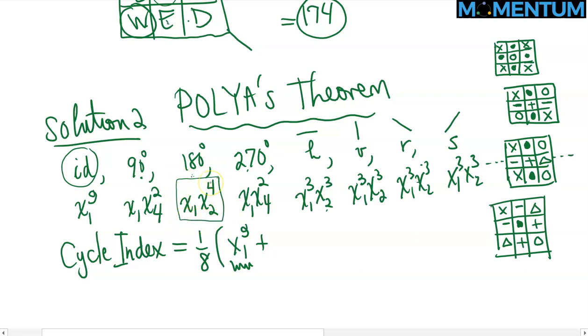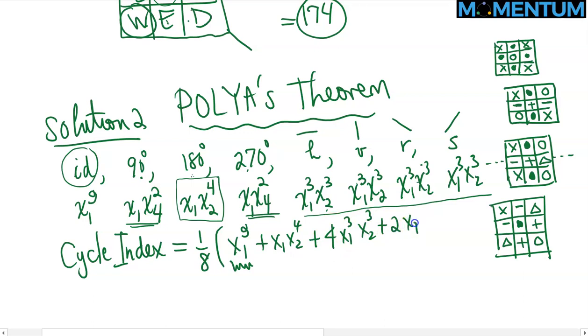Do you guys see that? If you want, we can put that one first. All 4 of these look exactly alike. And then these 2 look alike. Do you guys see that? So we have 4 of x1 cubed, x2 cubed, and then 2 x1, x4 squared.